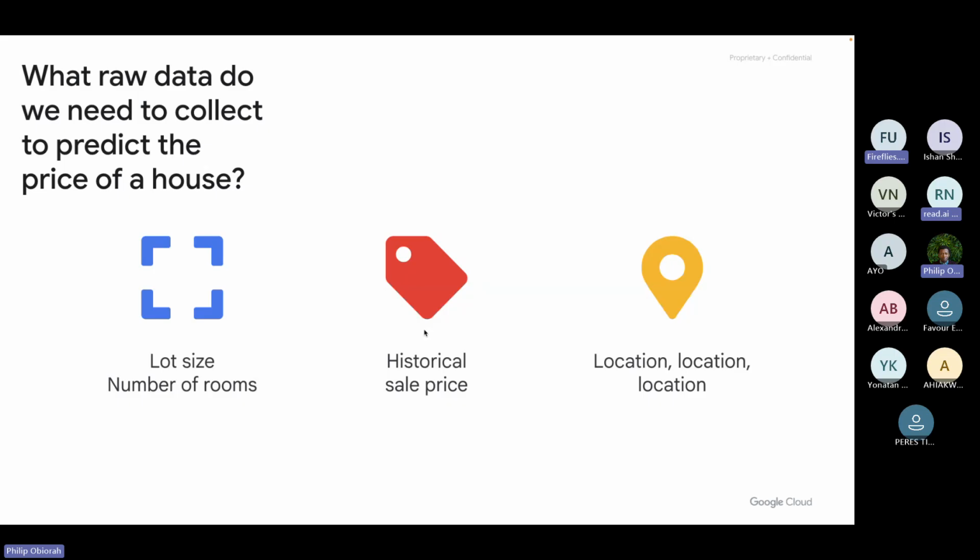So before we start thinking of building a model, or let's say we want to learn from houses or from customers, we need to understand what data we need to collect. Let's say the problem I want to solve is to predict house prices. What type of data do we need?